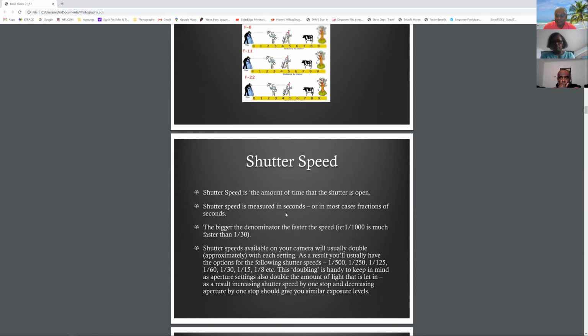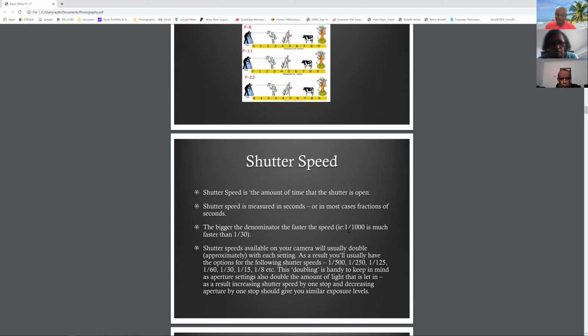Shutter is measured in seconds. The bigger the denominator, the faster it is. A shutter of 1 second is a very, very long shutter speed. Normally, to shoot a face or people, you can use 1/100th or 1/60th of a second.